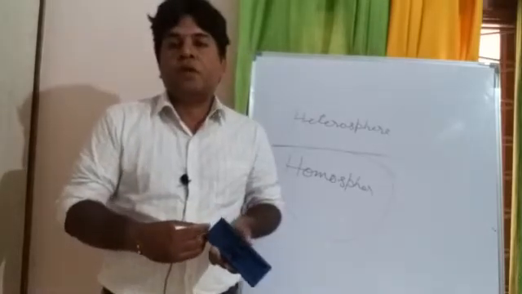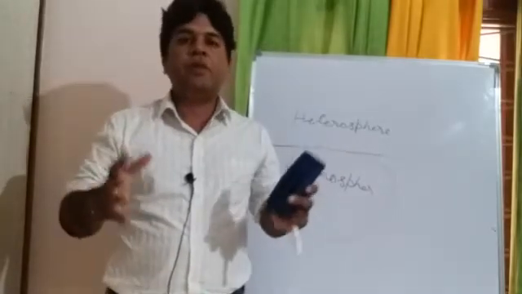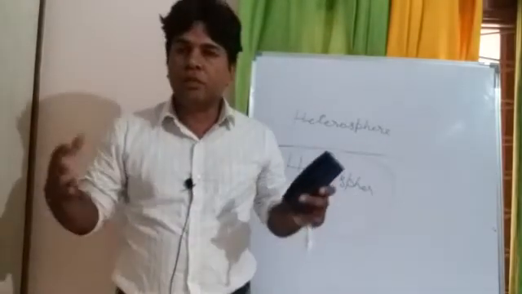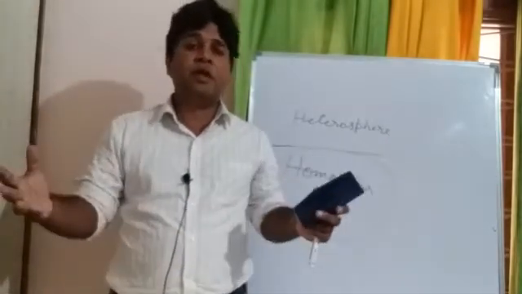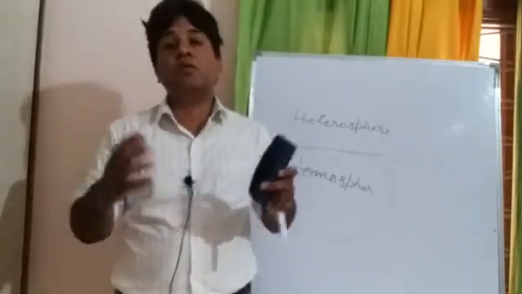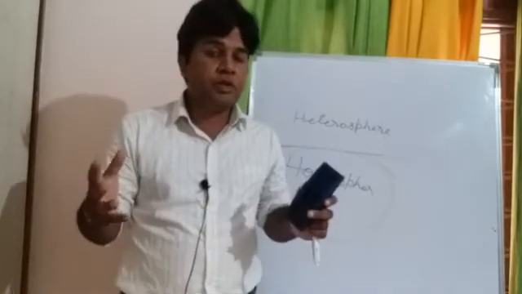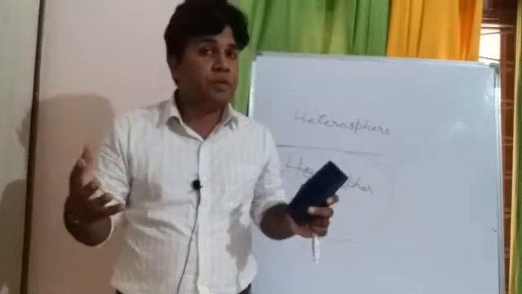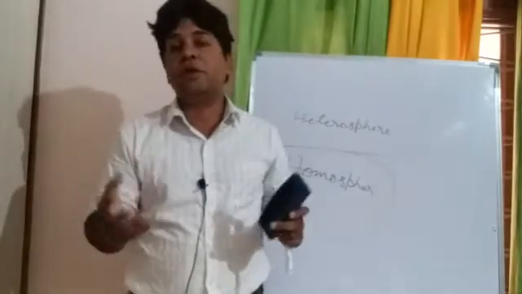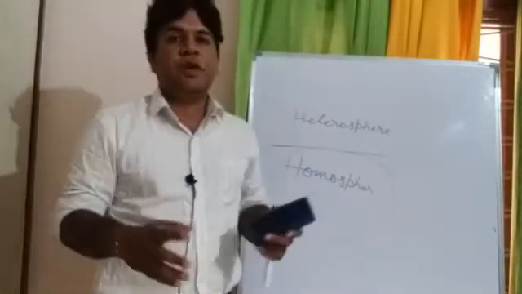For example, if you take a sample of air from New York and another sample from Mumbai or from Delhi, you will find that the proportion of the gases remains almost the same. Like if you have 78% of nitrogen and 20% of oxygen, then in all the samples the proportion of these gases will remain the same. So that's why it is called homosphere.